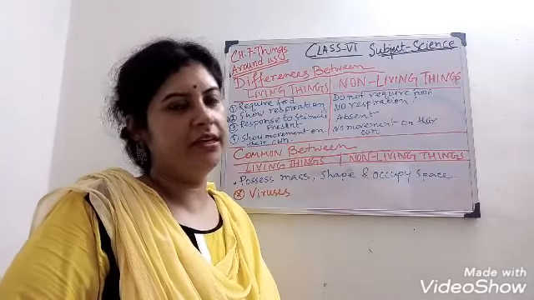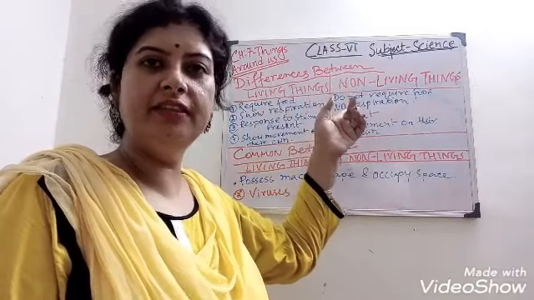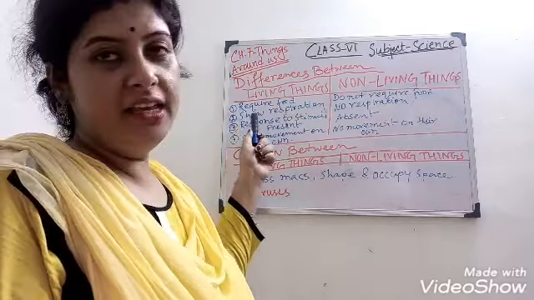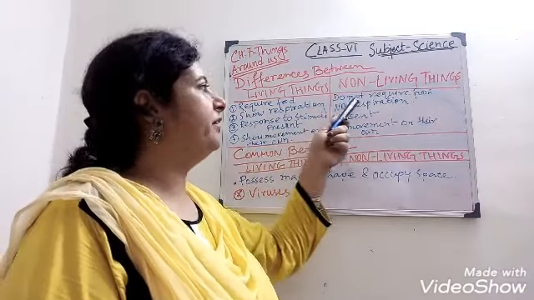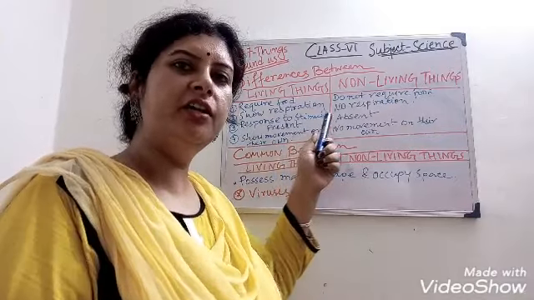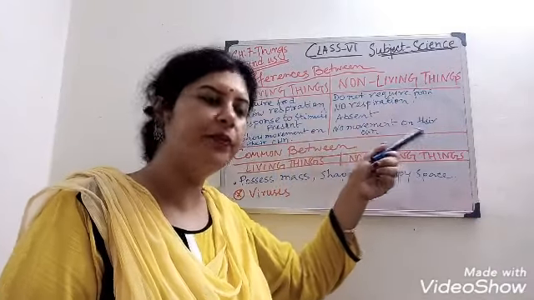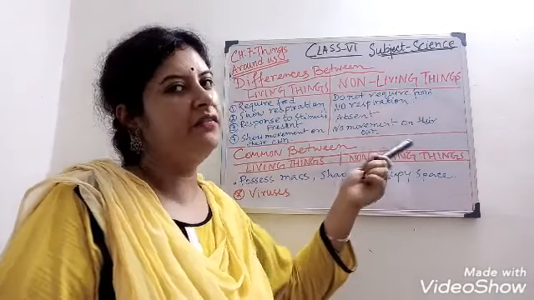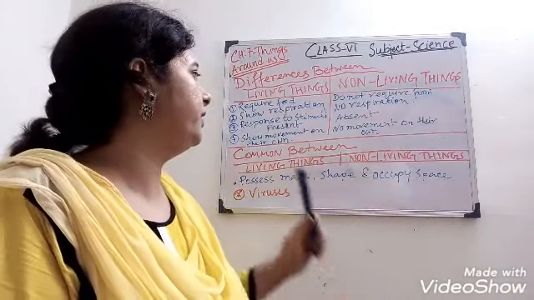Now our next topic is the difference between living things and non-living things. Living things require food. Non-living things do not require food. Living things show respiration. Non-living things do not show respiration. Living things respond to stimuli. Non-living things do not respond to stimuli.